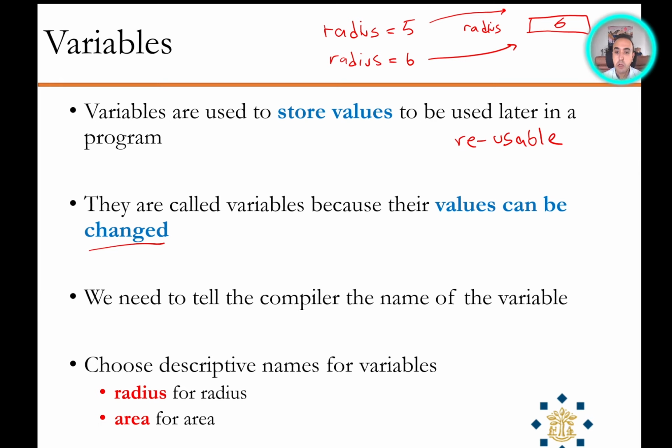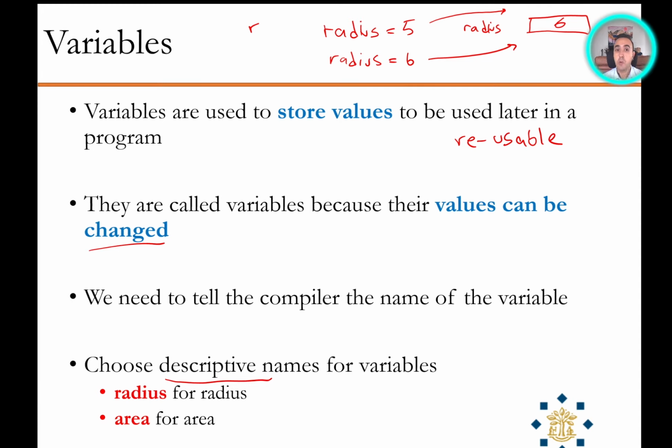So we need to tell the compiler the name of the variable. Usually the name should be as descriptive as possible. So if you're storing a radius, just call it radius. Don't call it r. Although it's a short version of radius, it is not descriptive.